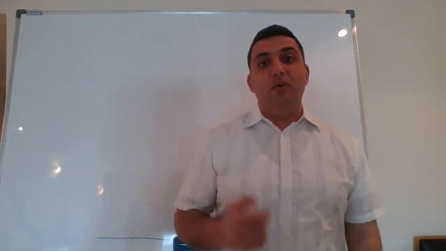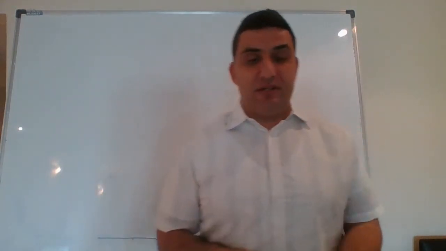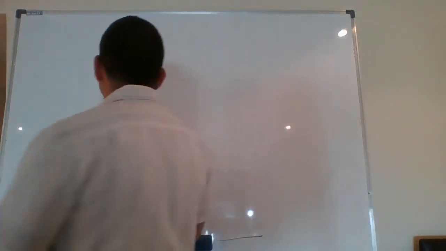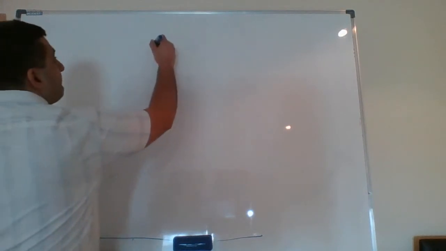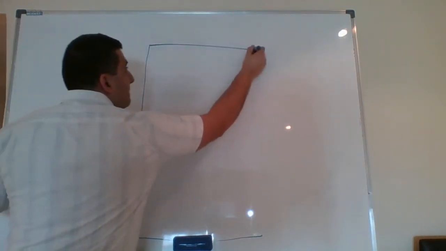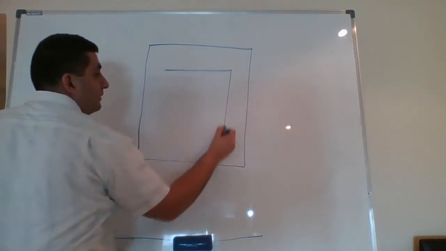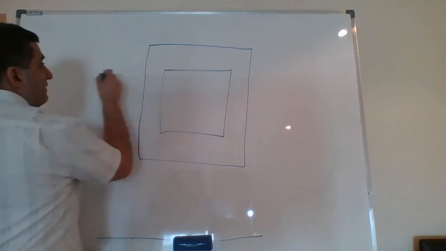Today we are going to show what happens if we have a transformer with three windings. Let's look at this transformer. I'm going to assume this is a three-phase transformer.